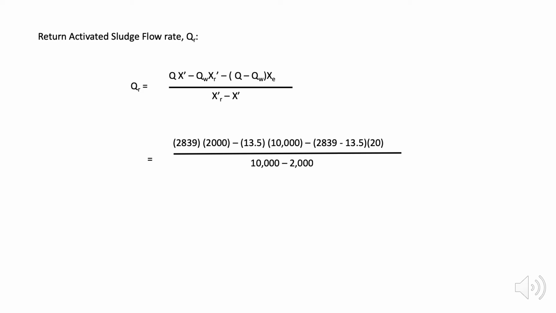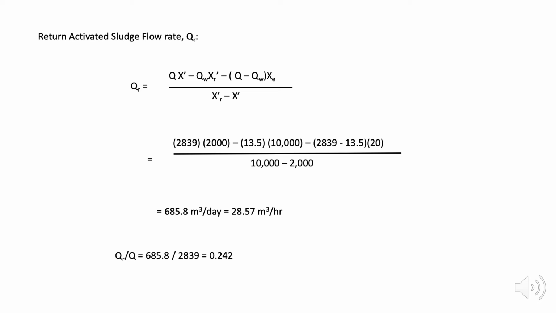So I put the variables in, and what I end up with is that Q sub r is going to be about 685 or 686 cubic meters per day, or about 29 cubic meters per hour. Oftentimes we compare Q sub r to the actual influent flow, which is 2,839 cubic meters per day, and we take the ratio of those two.